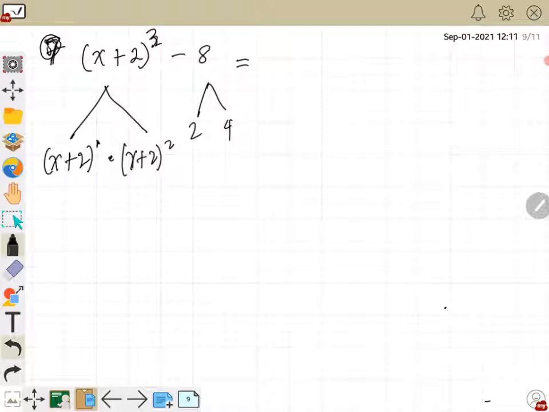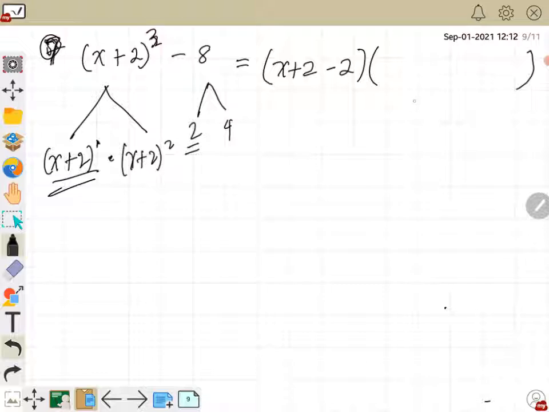So how do we do this? x plus 2 and 2, that will be x plus 2 minus 2, because the operation in the middle is minus.